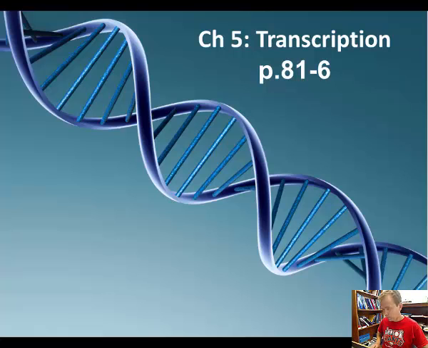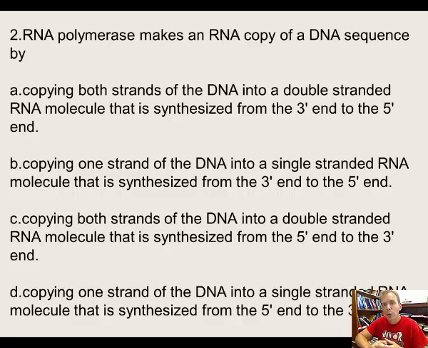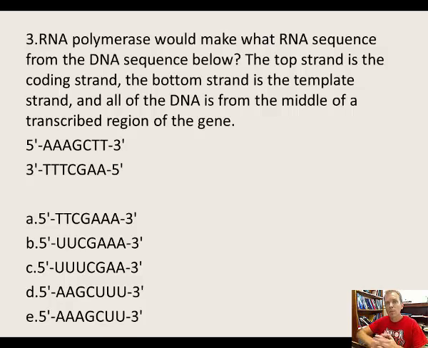So let's get started. Like usual, we have a quiz to start. The first question is, an RNA sequence is produced from a DNA sequence by the process of... Number 2, RNA polymerase makes an RNA copy of a DNA sequence by... Number 3, RNA polymerase would make what RNA sequence from the DNA sequence below?